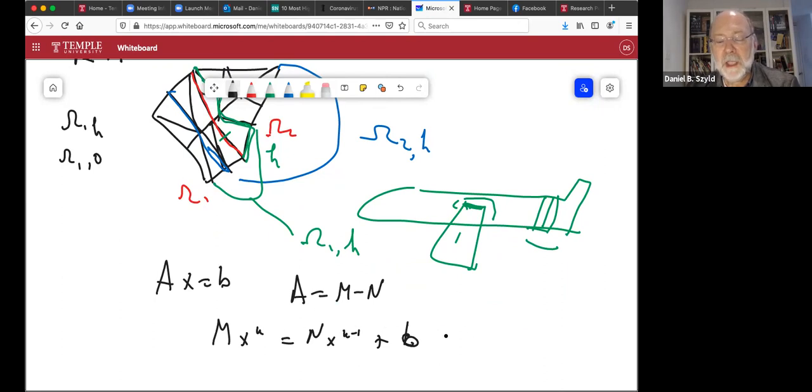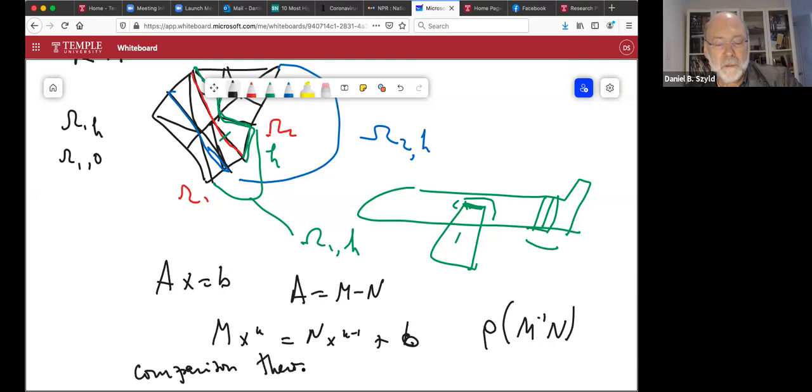And this is what I was telling you, the convergence rate corresponds to the spectral radius of the iteration matrix. Okay, and there is something called comparison theorems, that says that the more information, the bigger the M is, the faster it will converge.